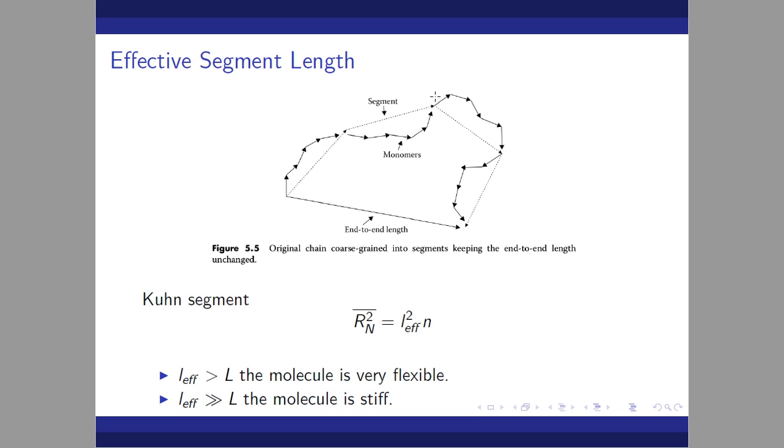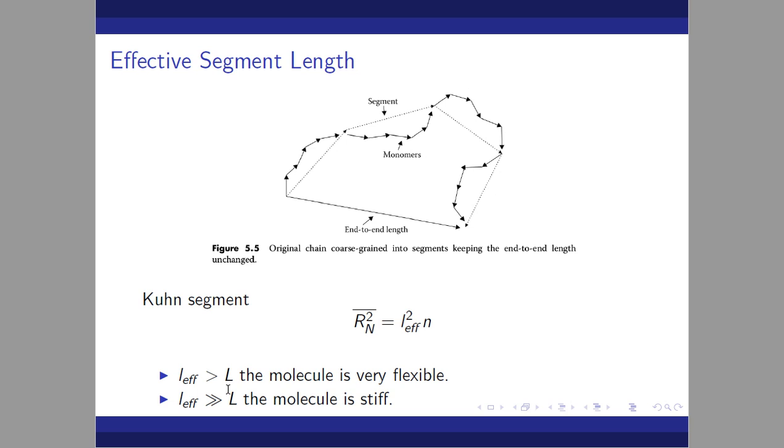Okay, so this one is the effective segment length, or in other words the Kuhn segment. So the Kuhn segment is Rn squared equal to L effective length squared n. Okay, so rather than using this length, this length, this length, we have this effective segment length. Okay, so we can calculate the end to end length using this effective segment length.